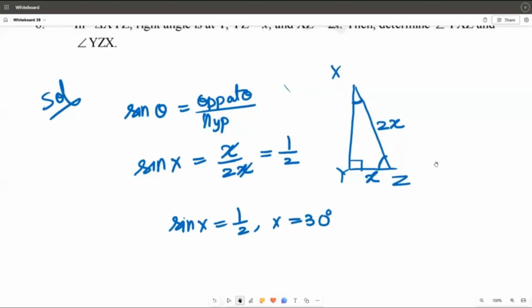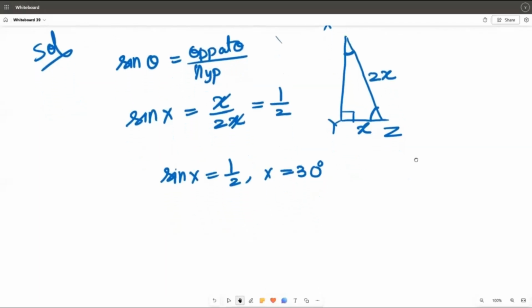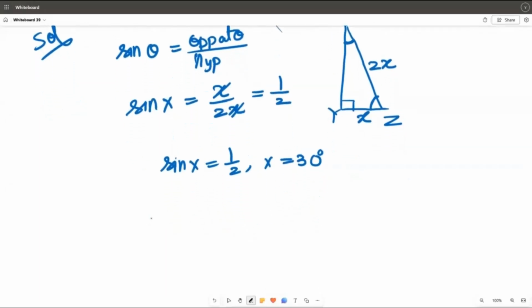And to find the second part, the angle YZX, which is angle Z, with respect to angle Z we have the adjacent side and hypotenuse. So what is the ratio of adjacent side to hypotenuse? Cos. So we know that cos theta is equal to the adjacent side to theta by the hypotenuse.